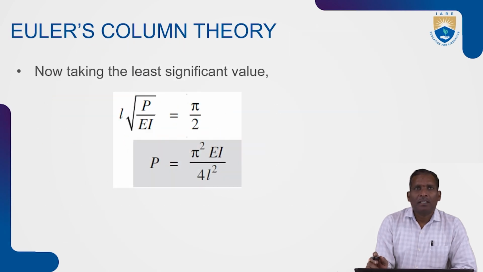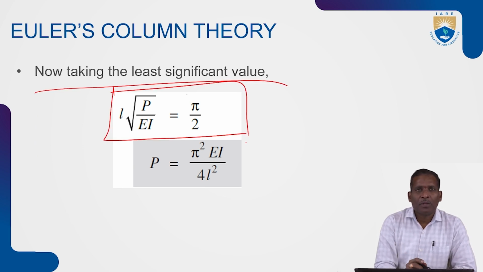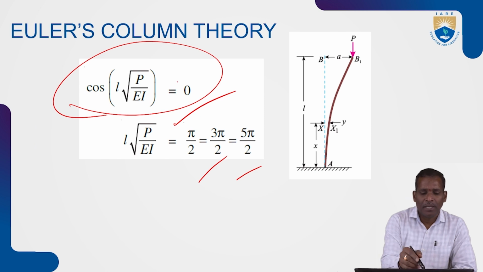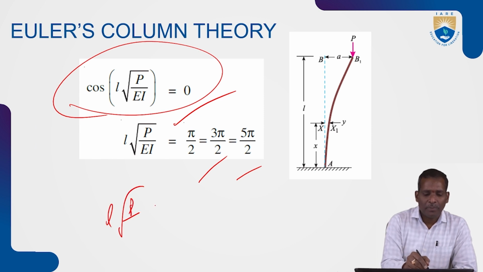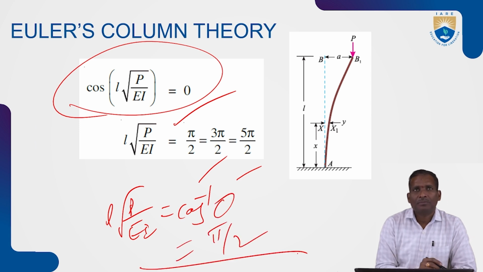Now taking the least significant value, that is L square root of P by EI is equal to pi by 2. This is the least significant value, the cos inverse of 0, that is 90 degrees or pi by 2. Squaring both sides, L² P by EI is equal to pi²/4.